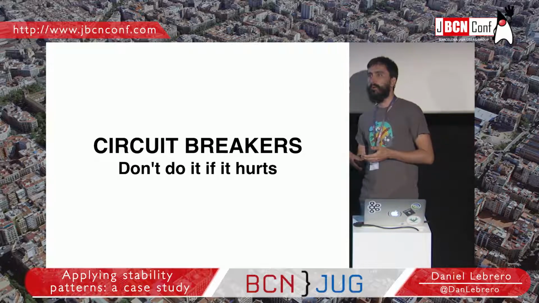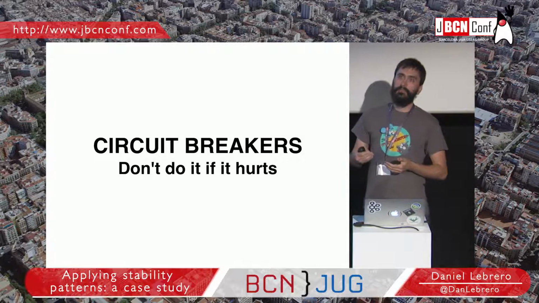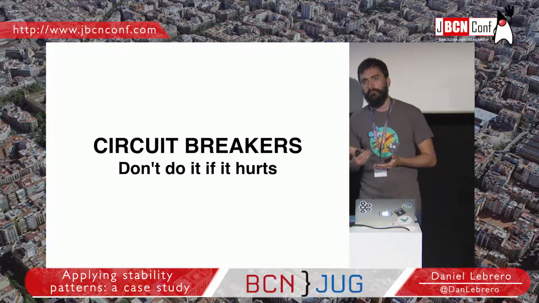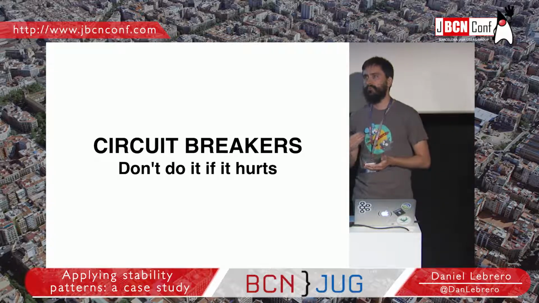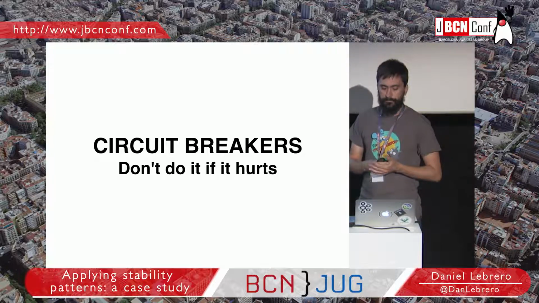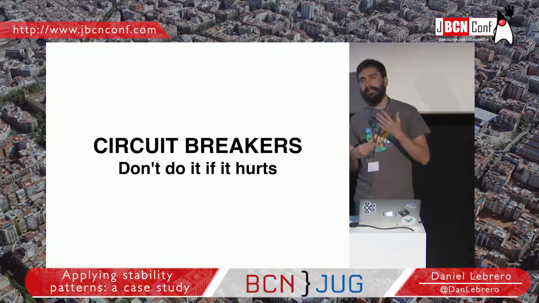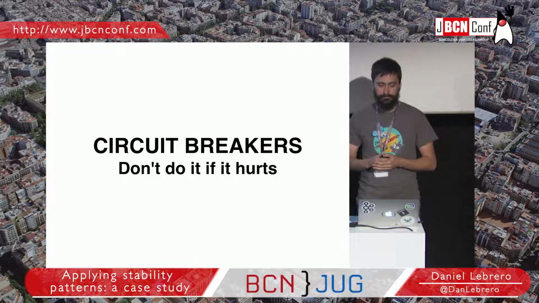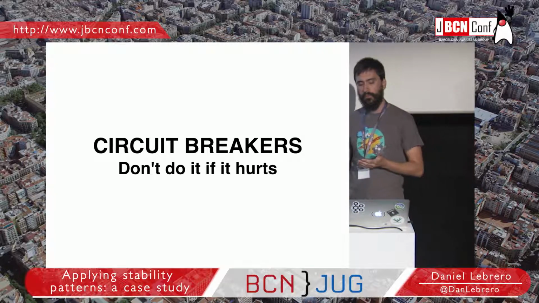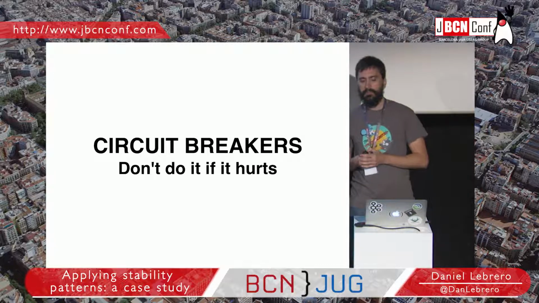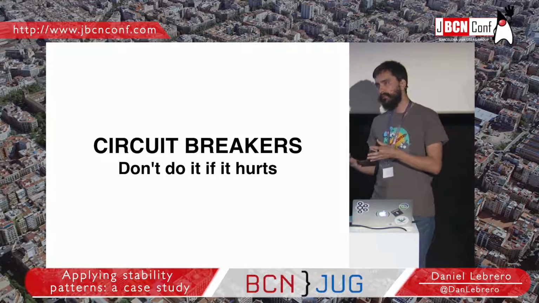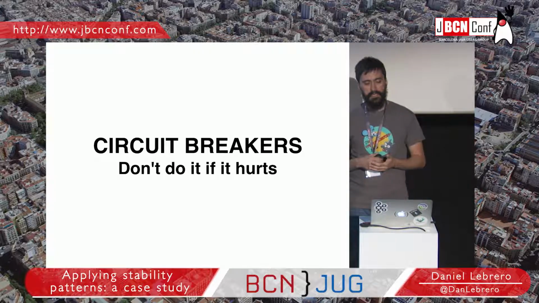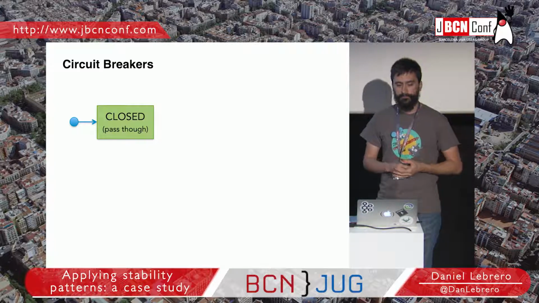The second pattern is the circuit breaker pattern. The idea behind this pattern is that if you know that the operation you are about to execute is going to fail, it's actually better not to even try to execute it, and more so if you know that detecting that failure is going to take some time. The way you use circuit breakers is that you wrap the dangerous operation in a circuit breaker, and a circuit breaker is just a state machine.